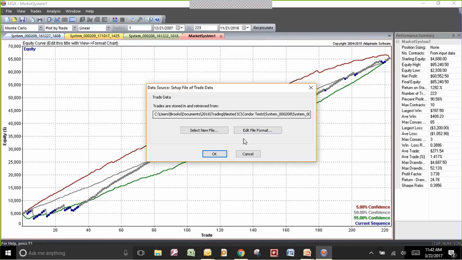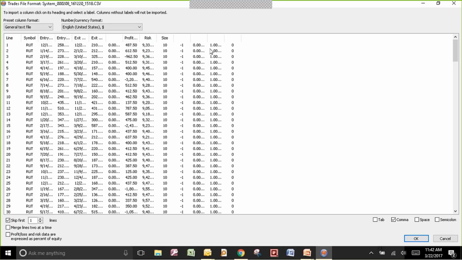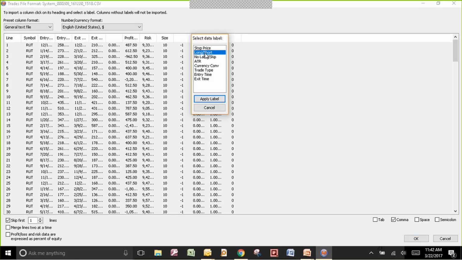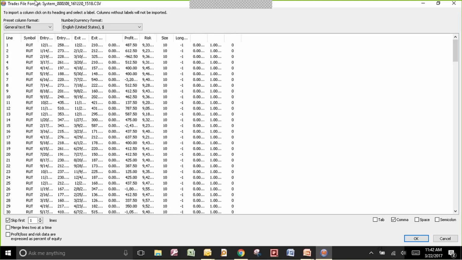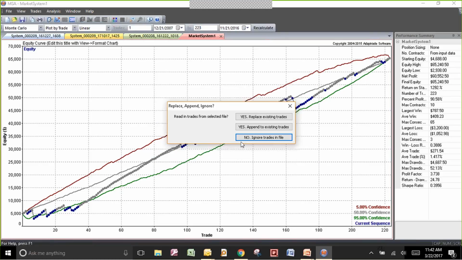We go back here and we edit the data format. That's what this was here. If I tell it long short here, and then I tell it to save this, tell it okay.